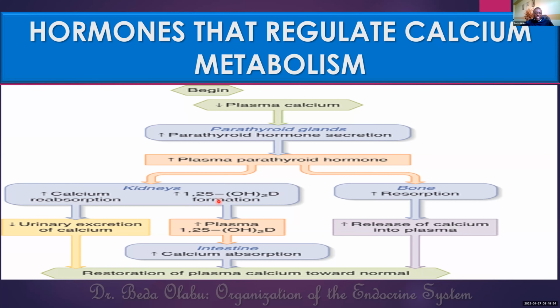Remember, vitamin D is activated in the kidney; I'm going to show that shortly. Because of that, the levels of vitamin D will be elevated. And we know that vitamin D promotes the absorption of calcium from the intestine. So that will also help in restoring serum calcium levels.